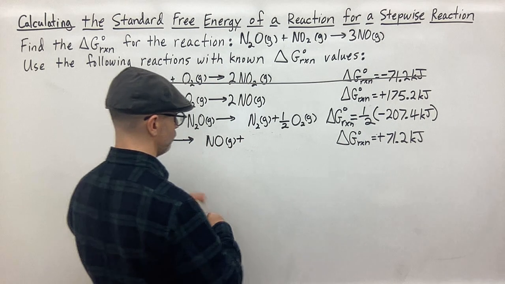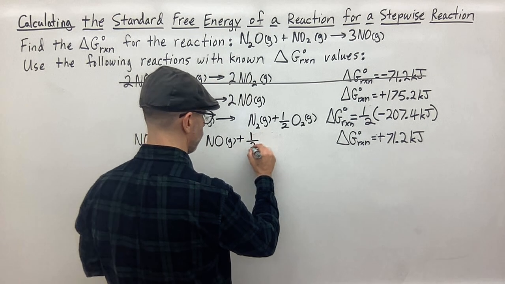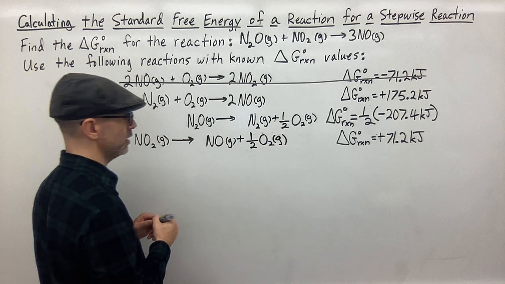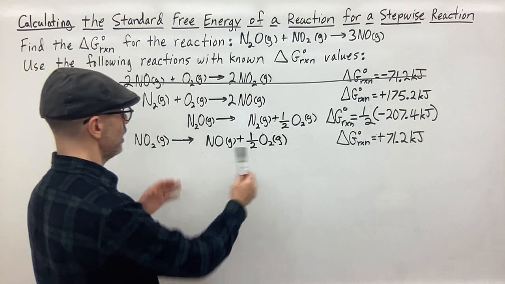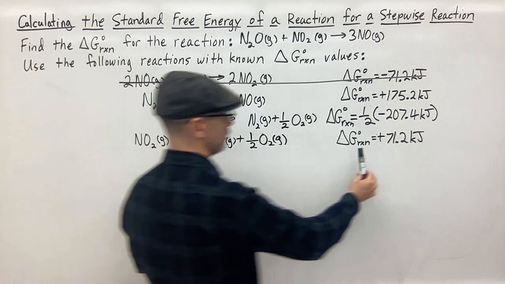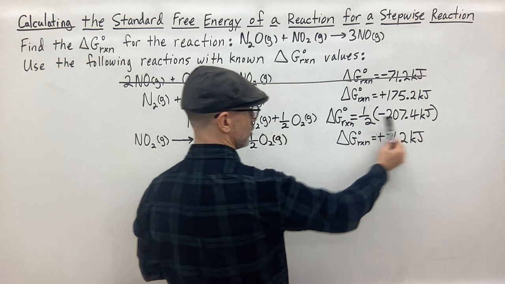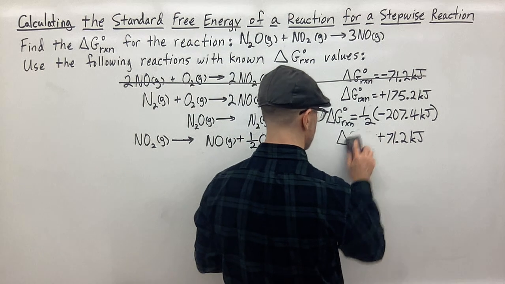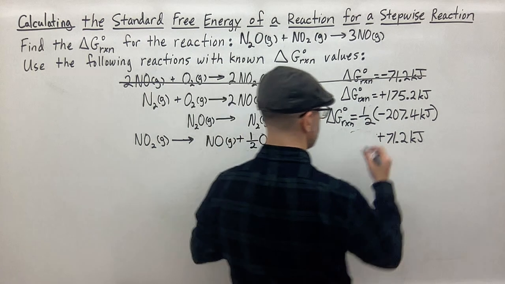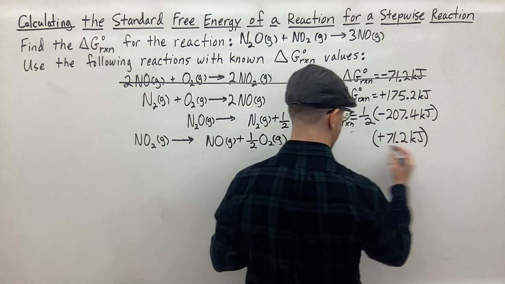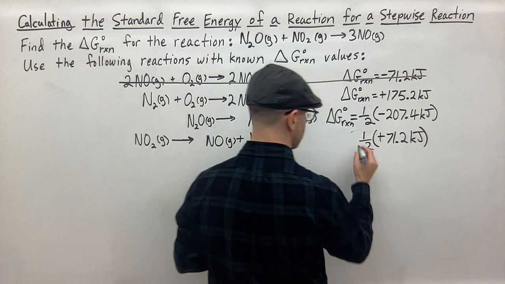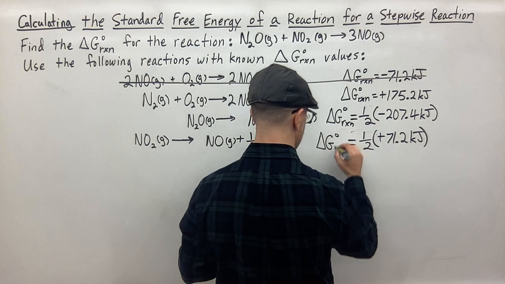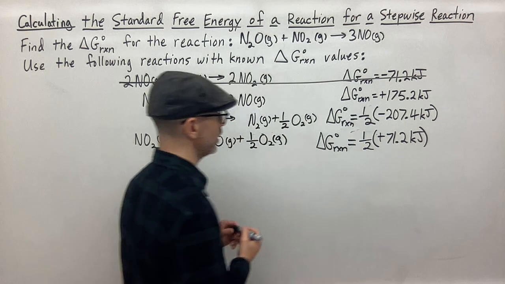So now I have 1/2 O2 gas. And once again, if I divide my equation by 2, I have to divide the standard free energy change by 2 as well. So I'm going to multiply this by 1/2, and that's going to be equal to the new delta G of that reaction.